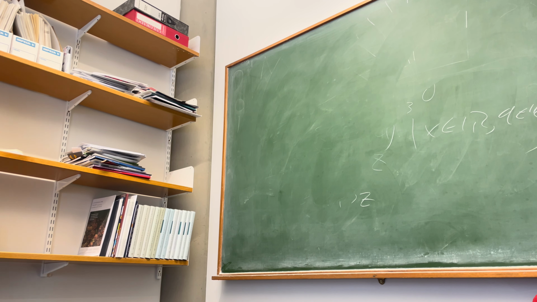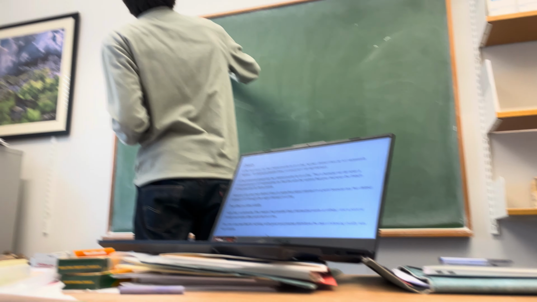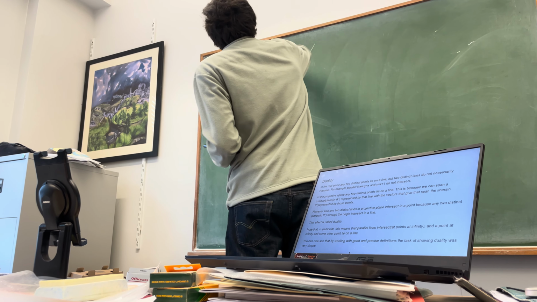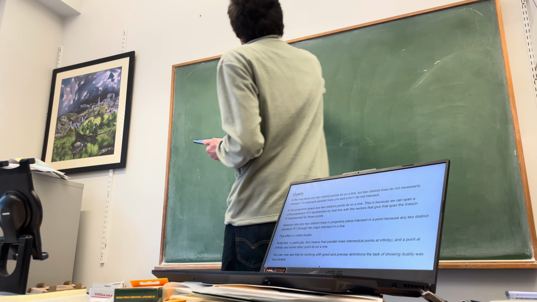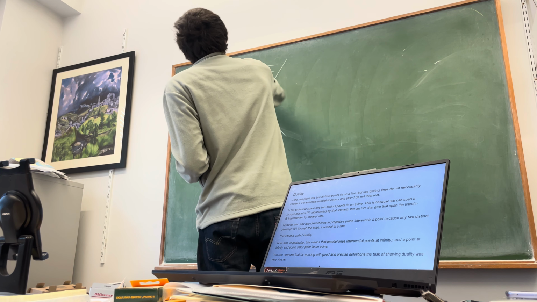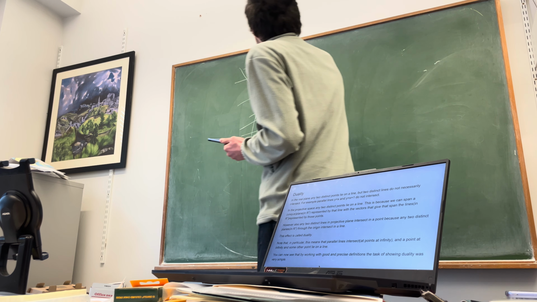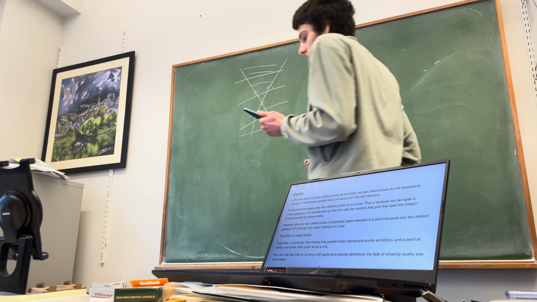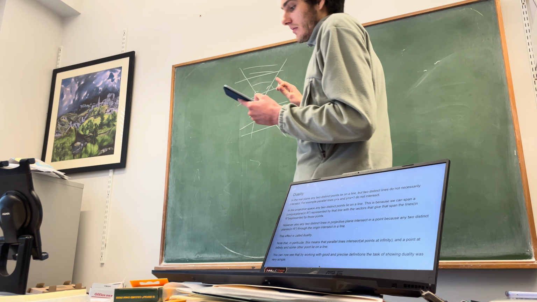And so if you take two distinct points in the projective plane, namely two lines in R3, then you can obviously span a plane with these two lines. And so any two points in the projective plane lie on a line.